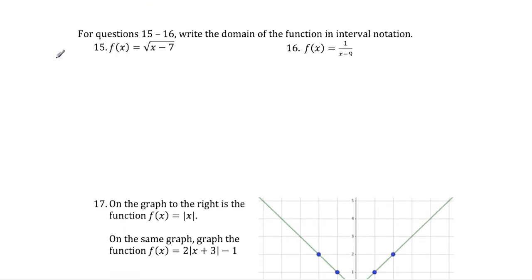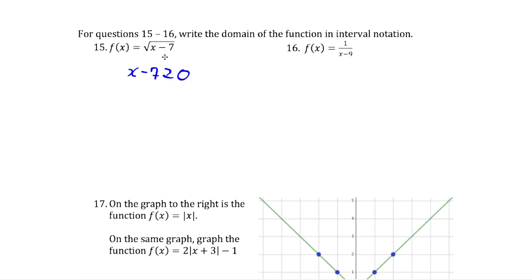All right, so we want to find the domain of these functions. So domain is what can x be. To find the domain, sometimes it helps to figure out what can't x be. This is underneath the square root. So I can't take the square root of a negative number. That means anything underneath the square root, in this case x minus 7, must be greater than or equal to 0.